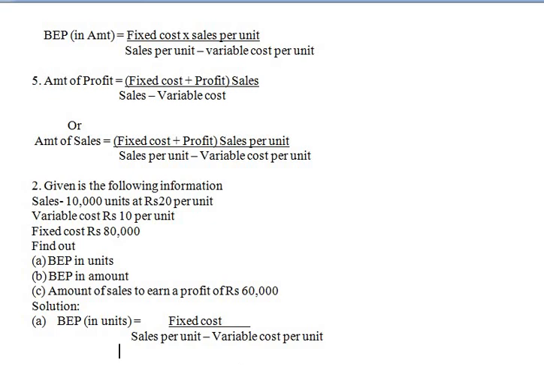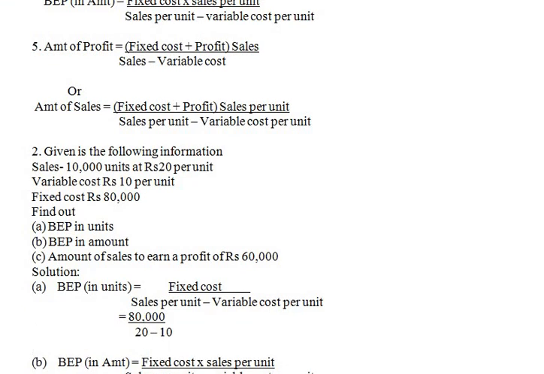So that is equal to fixed cost 80,000 divided by sales per unit 20 minus variable cost per unit. Variable cost per unit is also given in the problem, that is 10. So that is equal to 8,000 units.